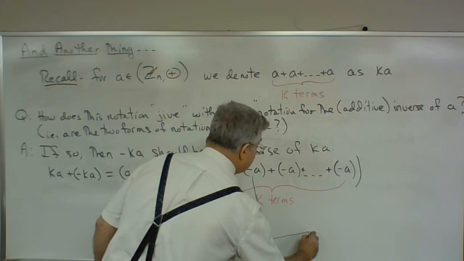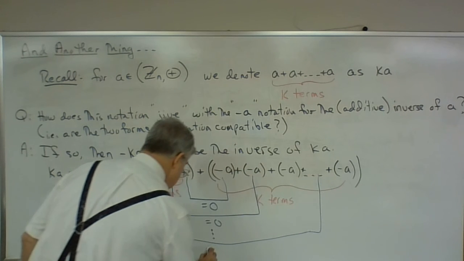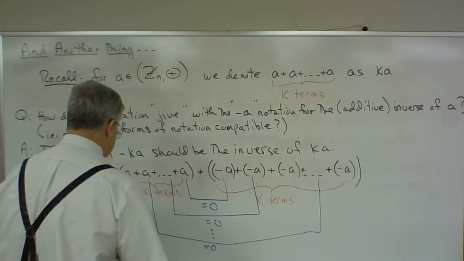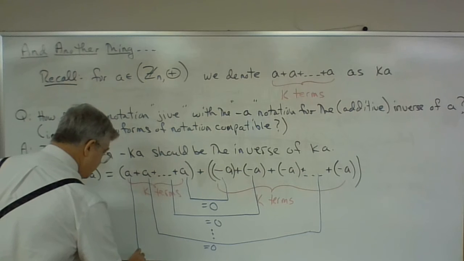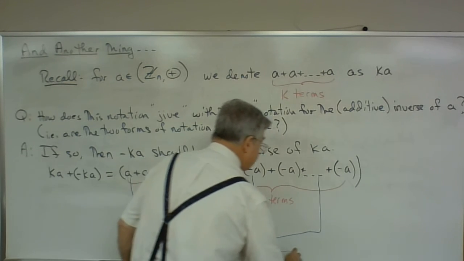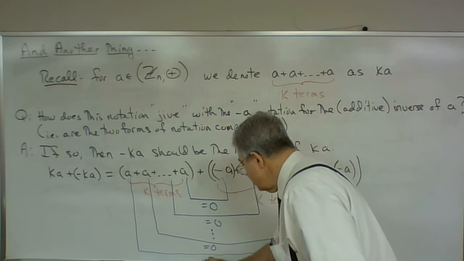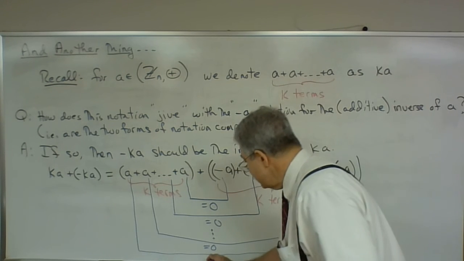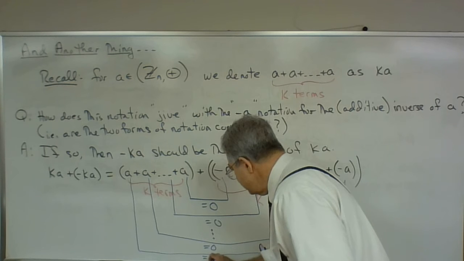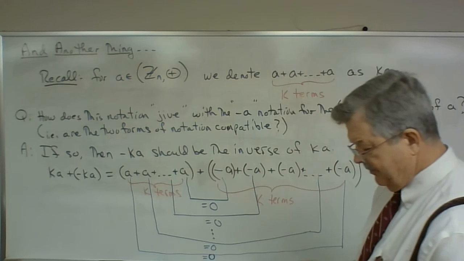The next pair of things, but that's just equal to 0. Dot, dot, dot. The first and the last elements, but that's equal to 0 also.